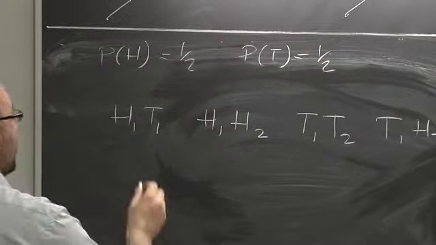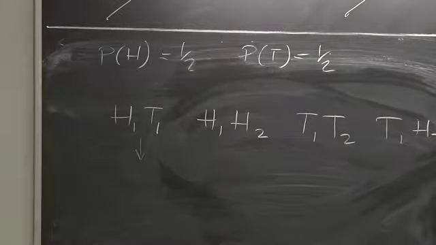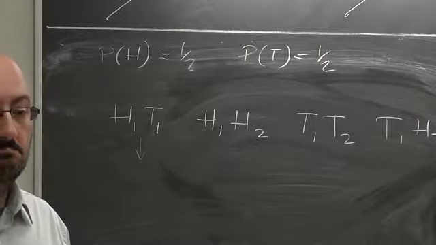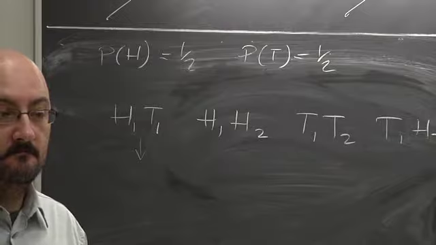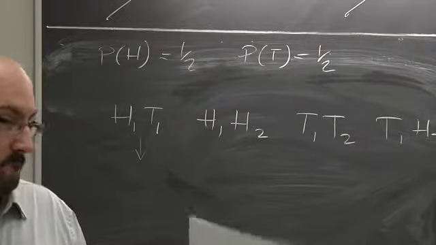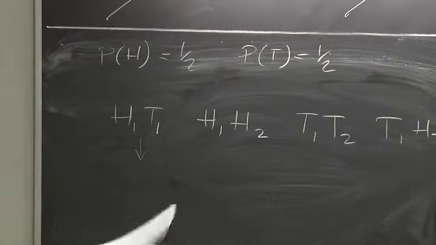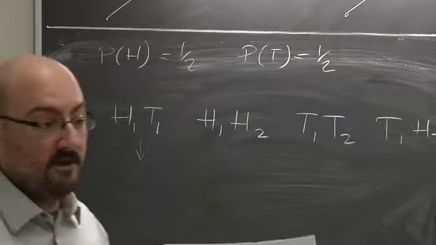What is the probability that I have to associate to each of these events? The probability of head on coin 1 and head on coin 2 is the product of the two probabilities, which is 1/4, right? Because each of these events occurs with probability 1/2, and we assume they are independent.